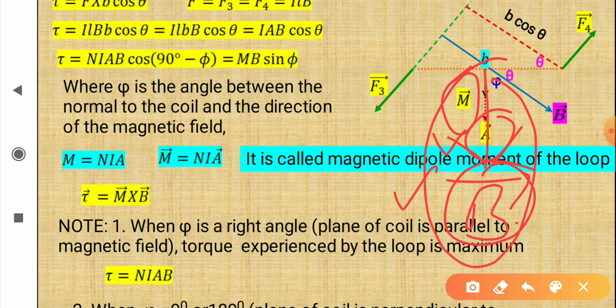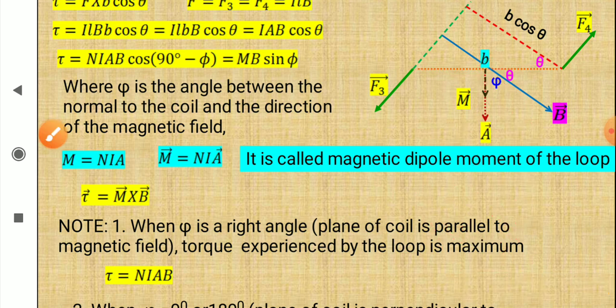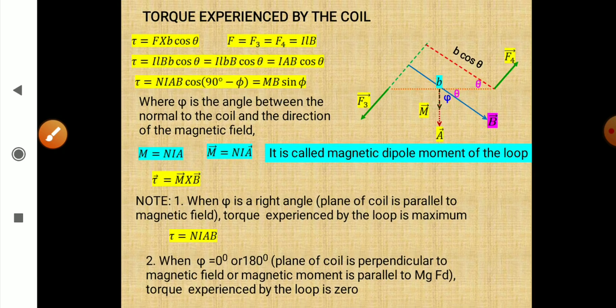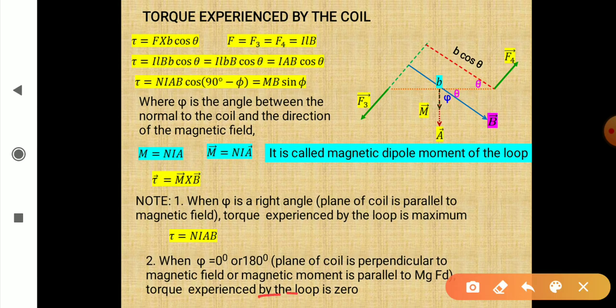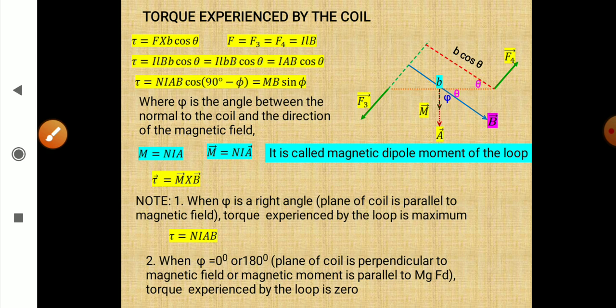That means the plane of the loop is perpendicular to magnetic field. In all such cases, the torque will be 0 because this sin phi is 0. See, torque is equal to MB sin phi. Sin phi became 0 for 0 and 180 degrees, so the torque here will be 0. So these situations should be very clear to you.